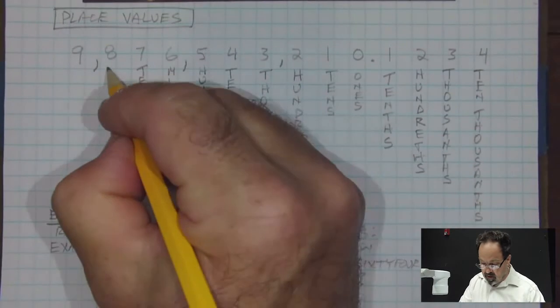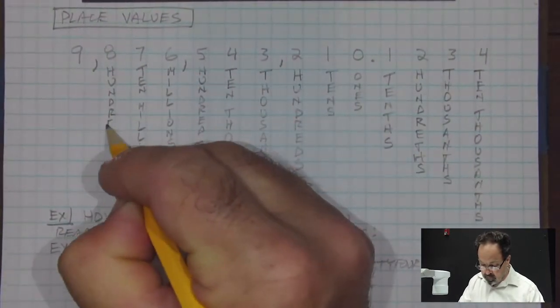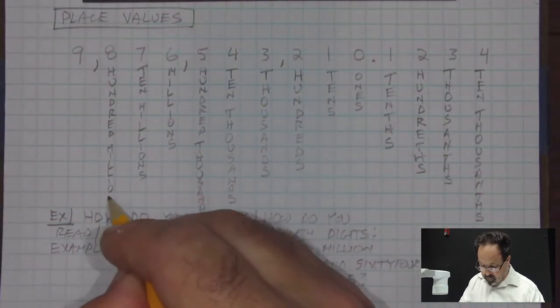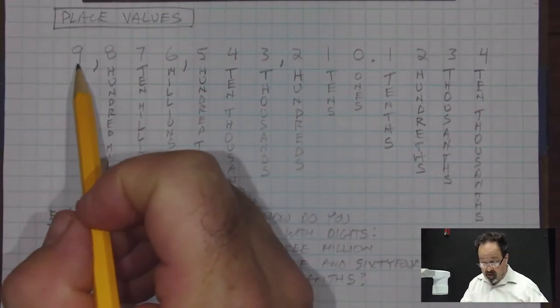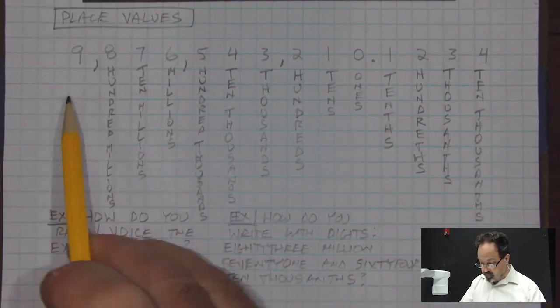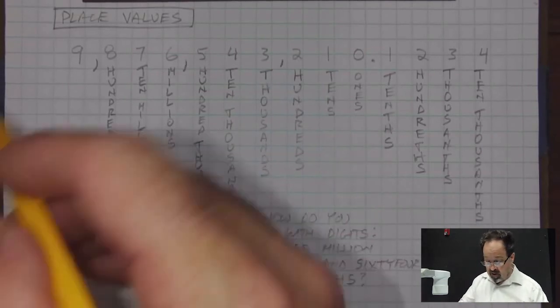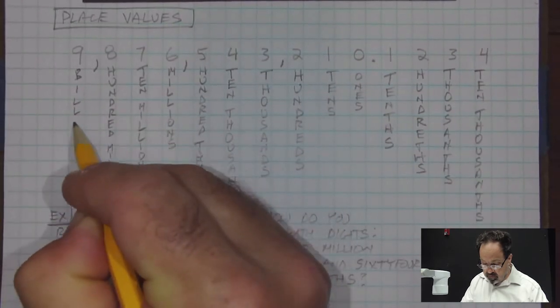And the 8 is in the 100 millions. The 9 is alone, but of course we could have more digits before it to make the number larger. For this example, we're listing the places that are most commonly used, and the highest place that we'll list here is the billions place.